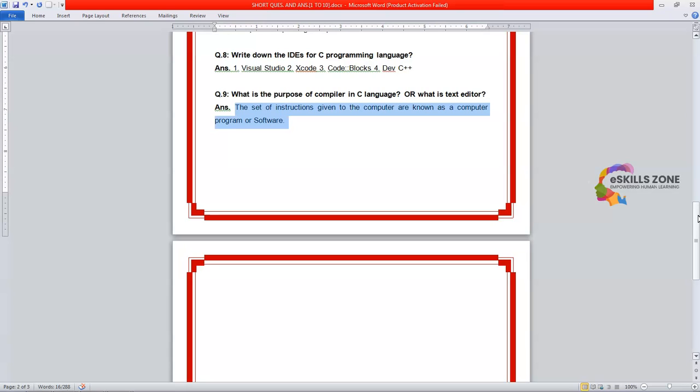The answer is, a text editor is a software that allows programmers to write and edit computer programs.